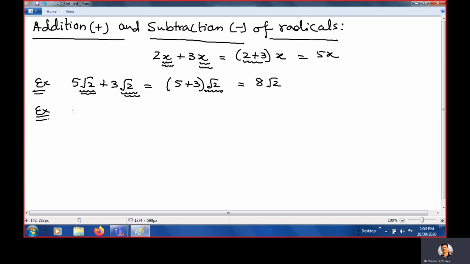Another example, say 9 square root 7 minus 3 square root 7. Look, the radical part, square root 7, is the same. So 9 minus 3 is 6 square root 7. So this part is very simple because the radical part is the same.